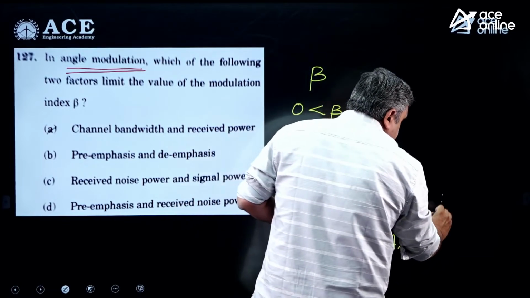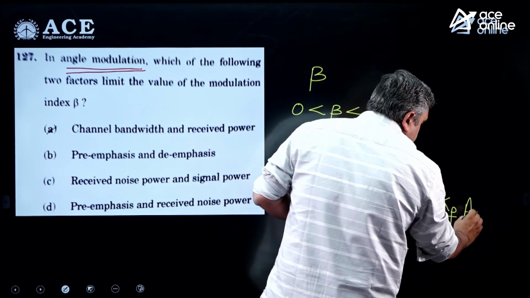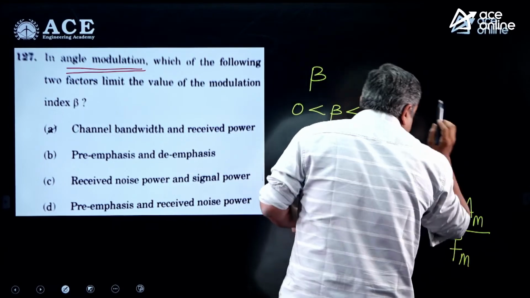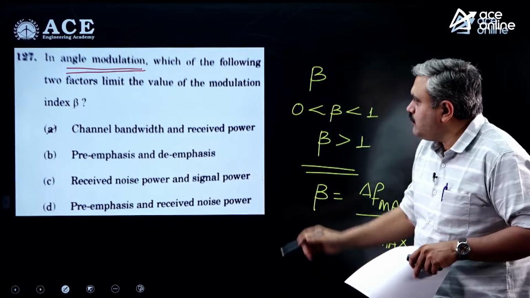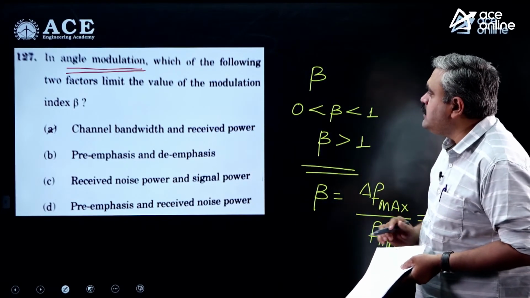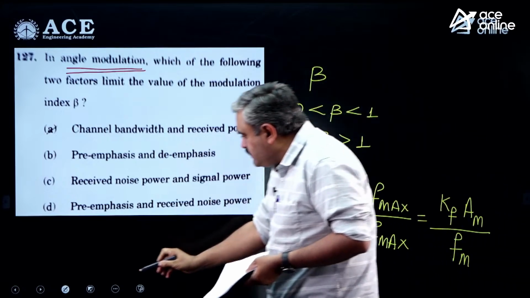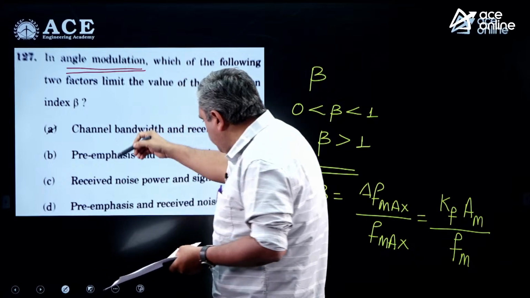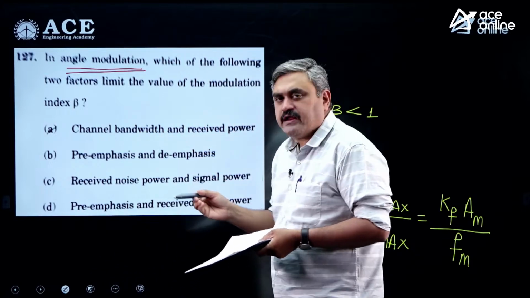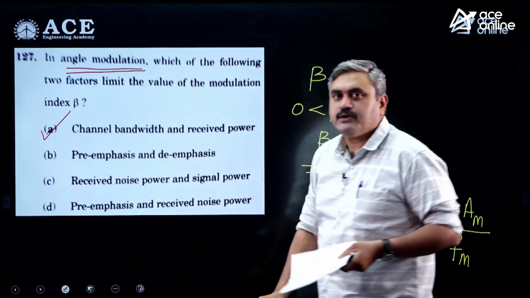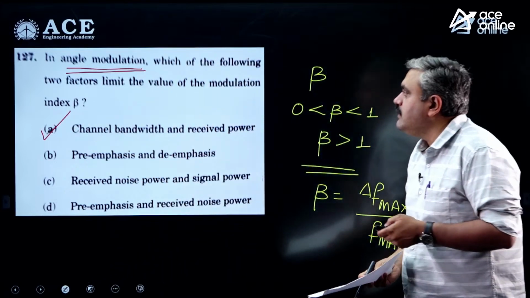So this again depends on amplitude of your message signal if it is single tone AM and maximum frequency of the message signal which is FM. So out of these which one will be the proper choice, which is affecting the value? Obviously in bandwidth formula you will use FM and there is no other pre-emphasis, de-emphasis, these circuits will not get affected by beta. So only option that is possible here is A. You can go with option A.